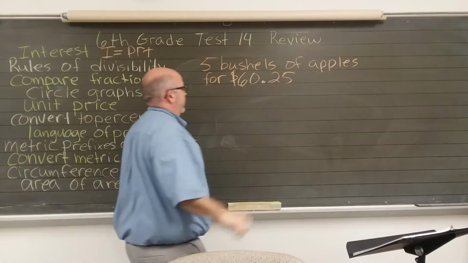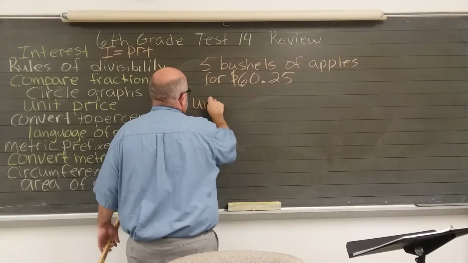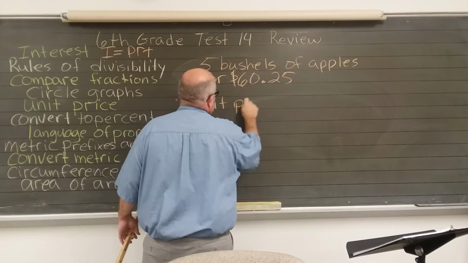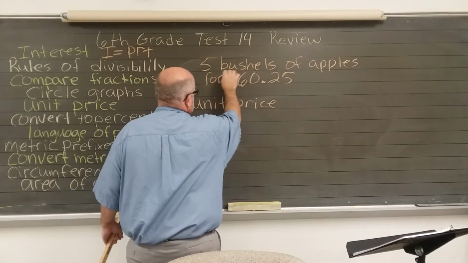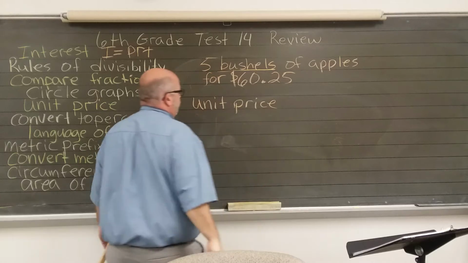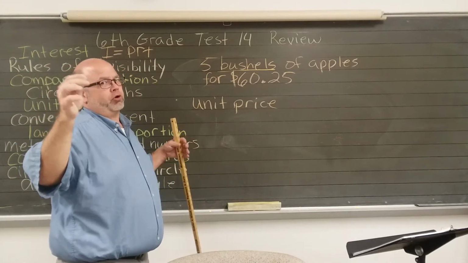Sorry, I just made up one. Unit price. The unit here in this is the bushels, okay? A unit price, I want to know how much 1 bushel of apple costs.